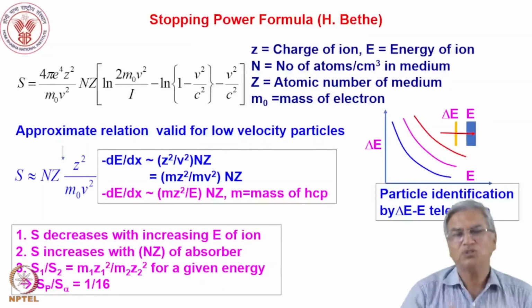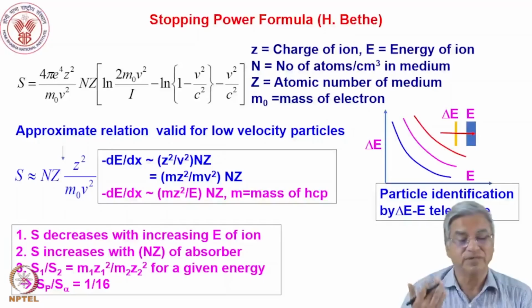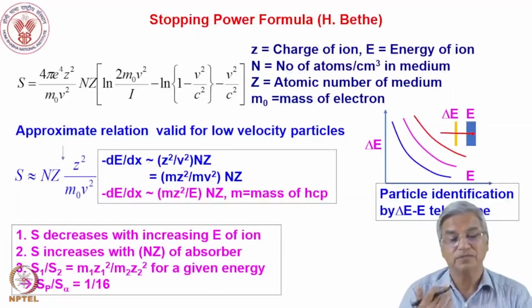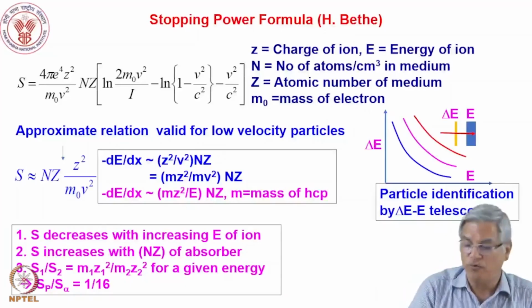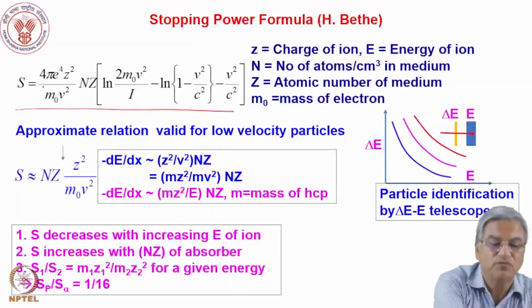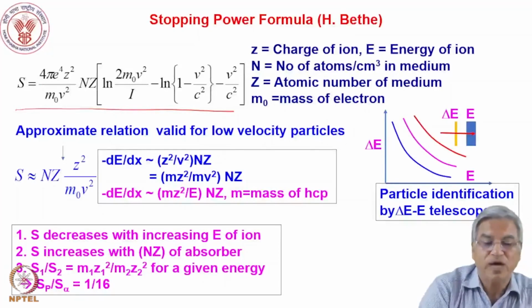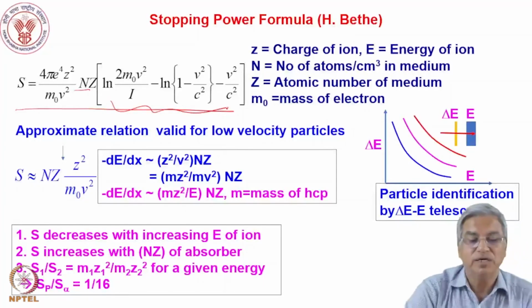Okay, now this stopping power, Hans Bethe in the 1930s derived the formula. We will not go into details of the stopping power formula, but the formula is 4 pi e power 4 z square upon m0 v square, nz, into a term depending upon the velocity of the ion.